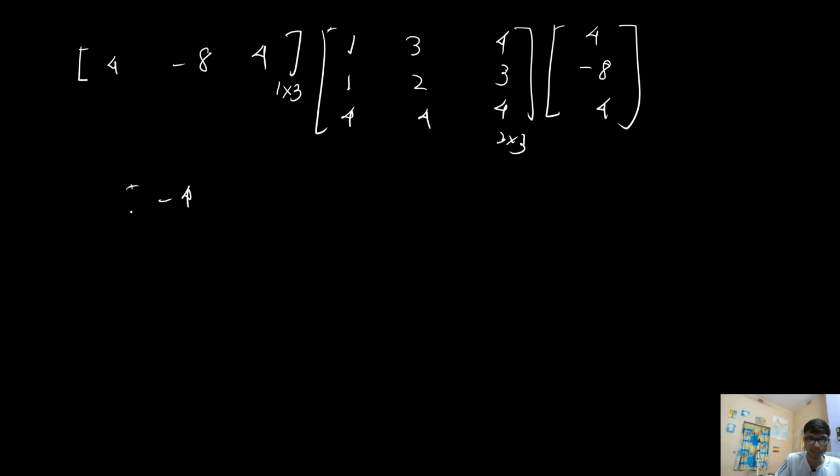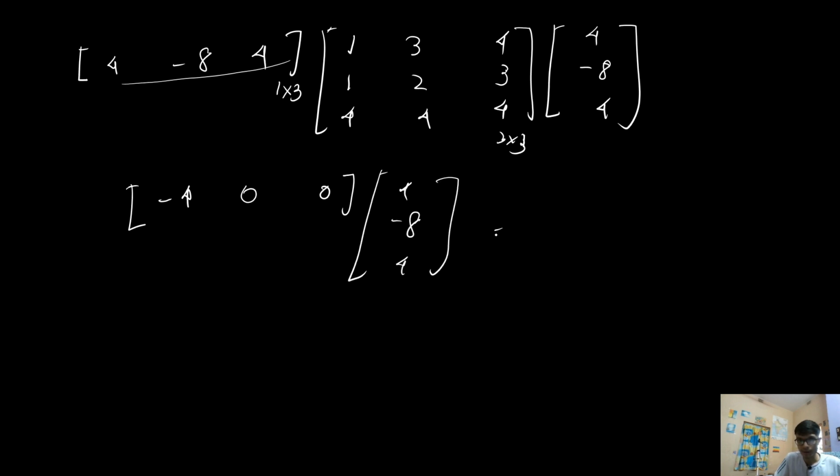So this will be minus 4 over here, and similarly if I multiply with the second row, I get 4 minus 16, that is minus 12 plus 12, that is 0. And again multiplying with the third, 16 minus 32, that is minus 16 plus 16, that is 0. Then I can multiply these three elements and end up with the result minus 16.